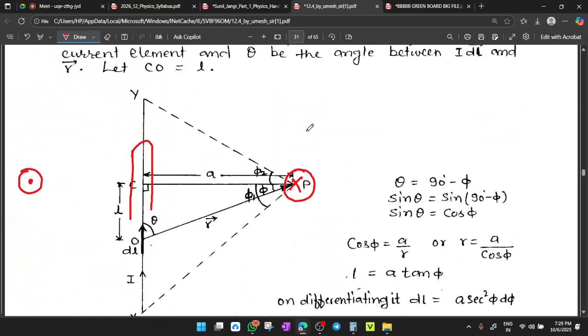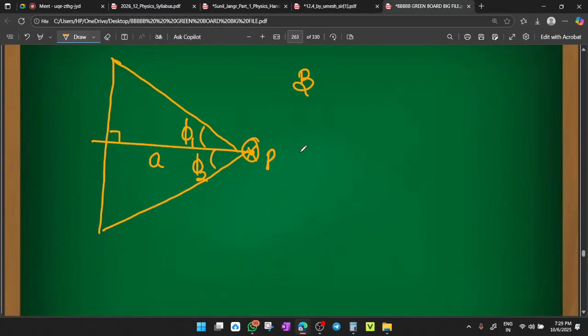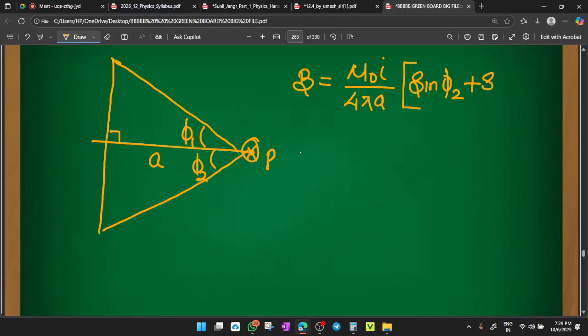This one angle is phi 1 and the above one is phi 2. It doesn't matter which one is phi 1 and phi 2, but B equals mu naught I upon 4 pi a, sine phi 1 plus sine phi 2, right? This is the derivation to calculate the magnetic field intensity at a given point at a distance a.